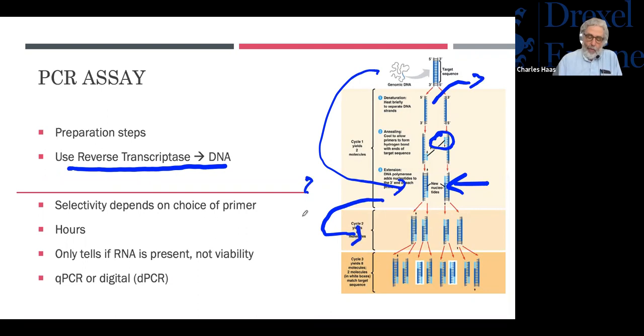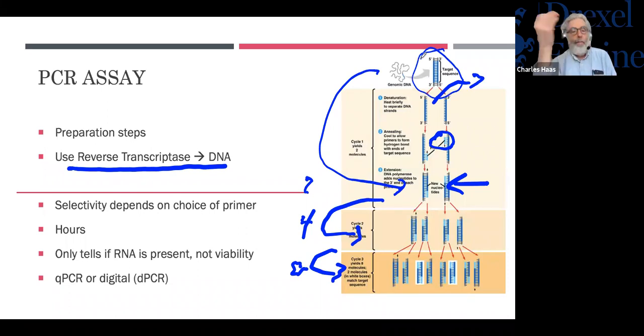So we go from 2 to 4. And then if we do it a third cycle, 8, and so on and so forth. So imagine doing this for 20 or 30 cycles. We can amplify this one molecule of DNA by millions of times.